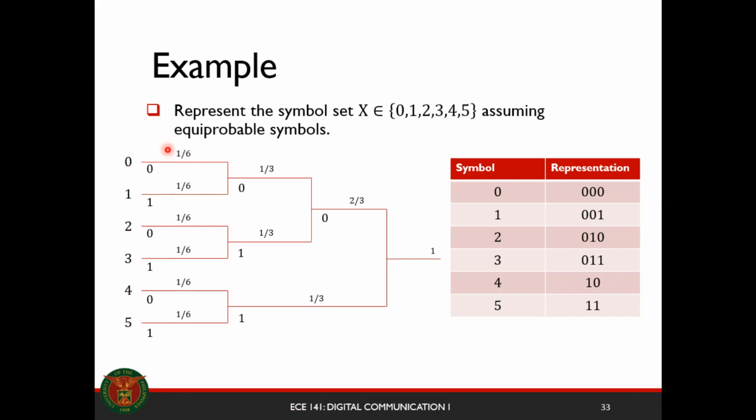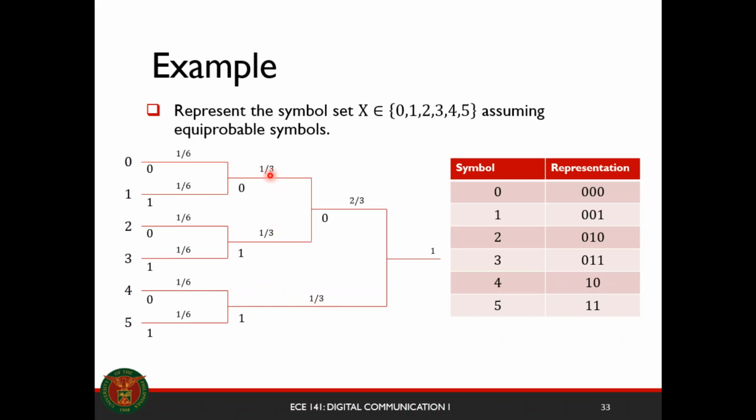Since all of them are equiprobable, we just combine the adjacent symbols with each other, like 4 and 5, and assign 0 and 1. 2 and 3, assign 0 and 1. 0 and 1, assign 0 and 1. Then add their probabilities. As you can see here, at the next level of the tree, the probabilities are now 1/3, 1/3, and 1/3. It doesn't matter which you choose since they have the same probabilities; you'll still end up with the same average code word length.